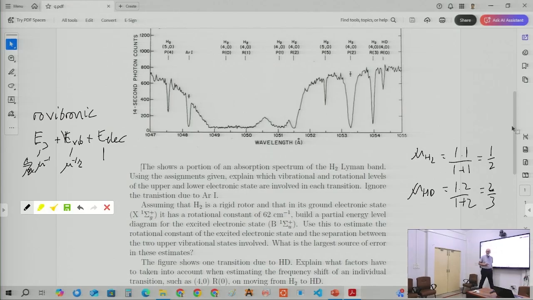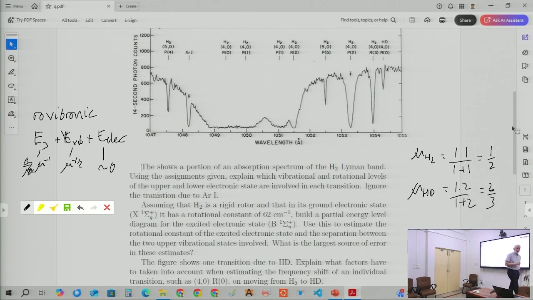I didn't actually discuss this. For those of you who know some quantum chemistry, if you assume the Born-Oppenheimer approximation, this is 0. So for the electronic transition, the only effects are non-Born-Oppenheimer, which for HD are probably not that small actually, but you normally assume it's nothing. So it's approximately 0.